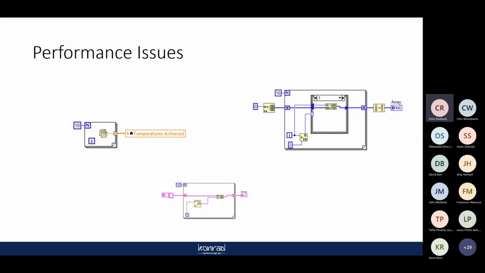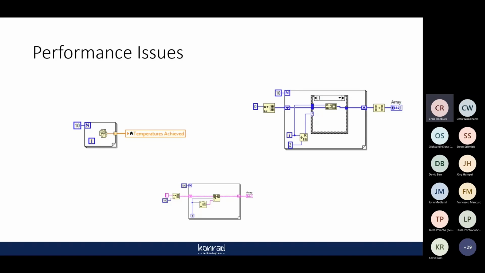Obviously, that makes multiple calls to the Windows Memory Manager. We have to reallocate memory as the array grows in size. What we could do is pre-allocate an array of a particular size and then replace an element within that array rather than continually growing. And of course, once we get to 100 elements, we could pre-allocate again and increase the size of that array, reducing the number of times LabVIEW needs to call the memory manager.